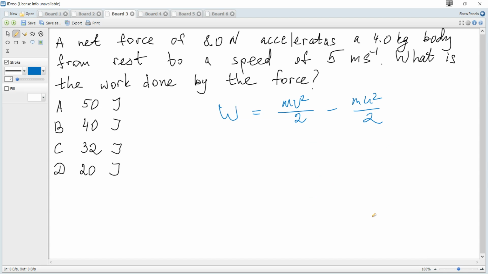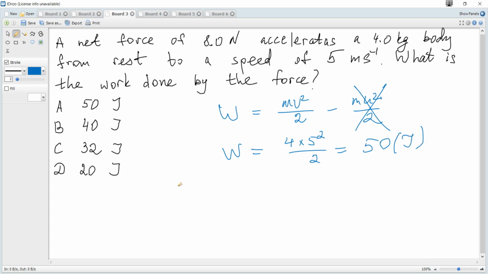And since the initial speed is 0, work done is equal to the final kinetic energy, and it becomes 4 times 5 squared over 2, so it's 50 joules.